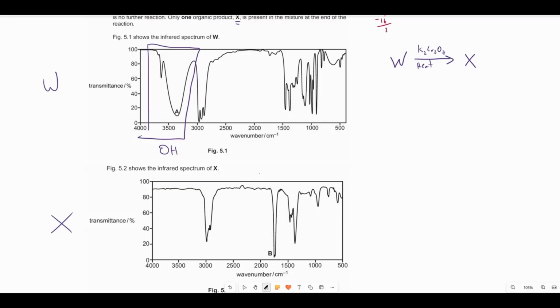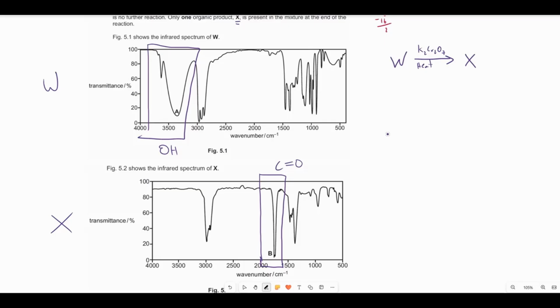The very deep 1700 peak, that's very narrow here in X, tells us that there's a carbonyl, C double bond O, on it. Meaning that this is either a carboxylic acid or an ester or an aldehyde or a ketone.